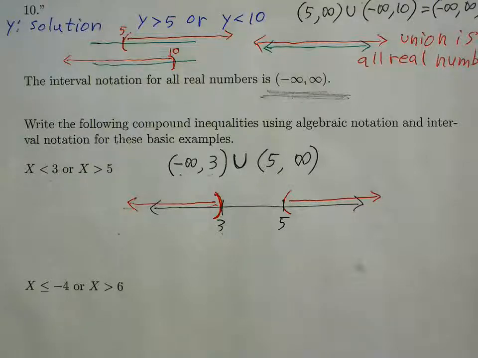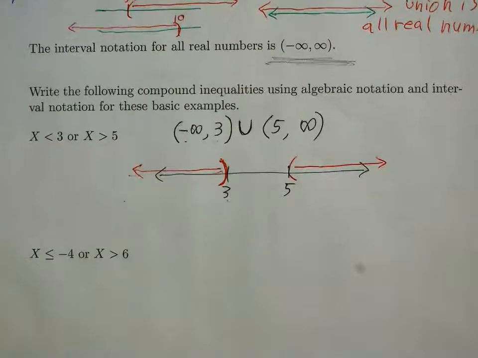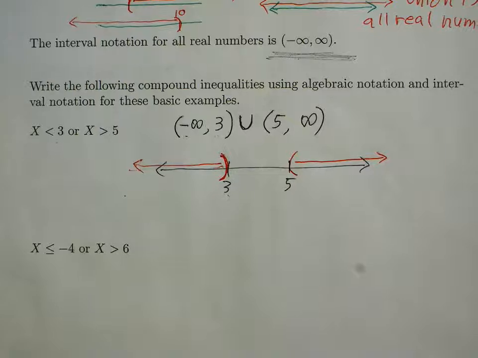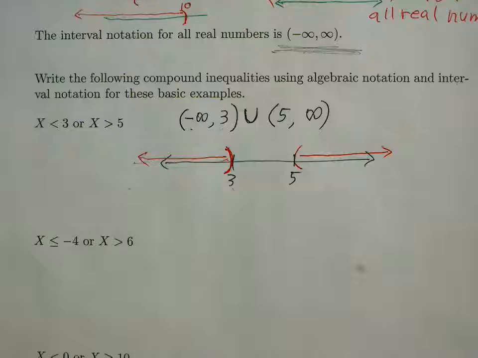Here, the next example is not much more complicated. This one is x is less than or equal to negative 4, or x is greater than 6. So this is already the algebraic notation. Then we can convert it to interval notation.